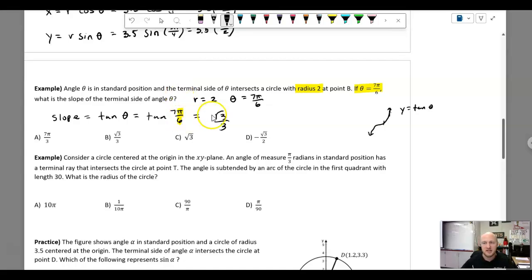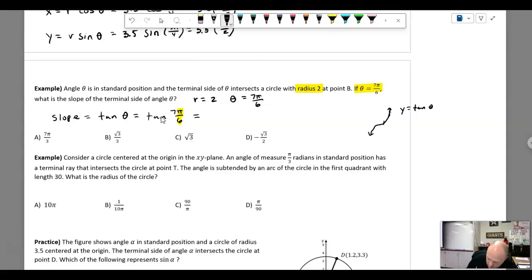If it was a pi over 3 angle, it would just be square root of 3. Okay, but since this is the smaller angle, you get the smaller value. That's the way I explain it. 7 pi over 6 is quadrant 3, and so we know that tangent there is positive, right? Sine over cosine.